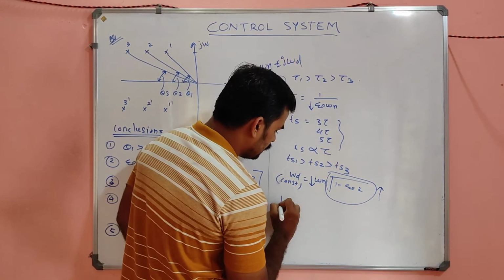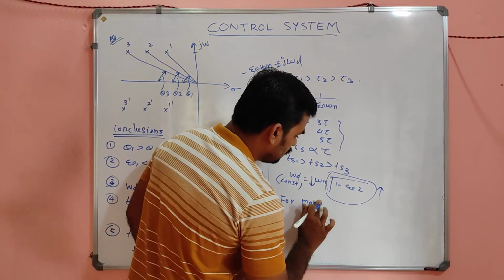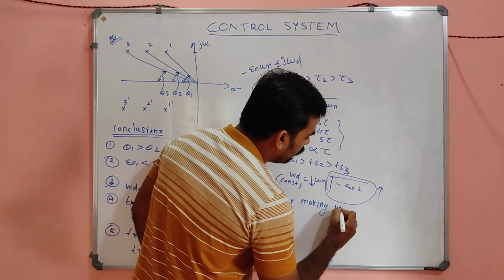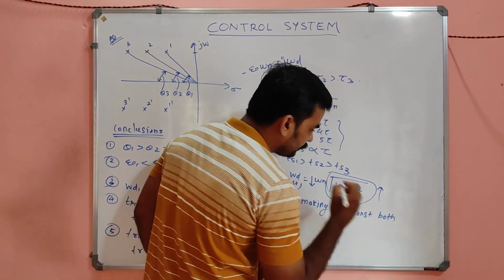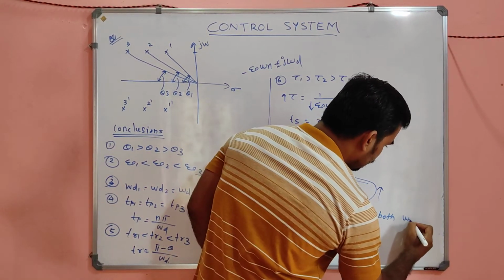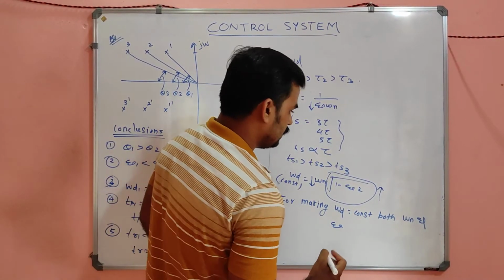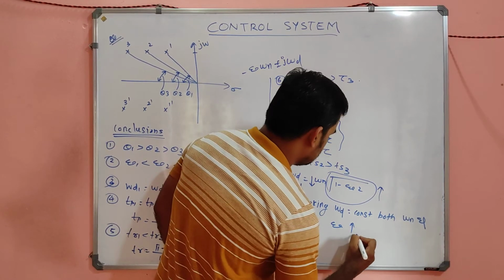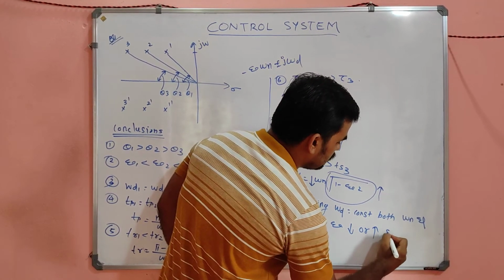That means for making omega d a constant, both omega n and zeta decrease or increase simultaneously.